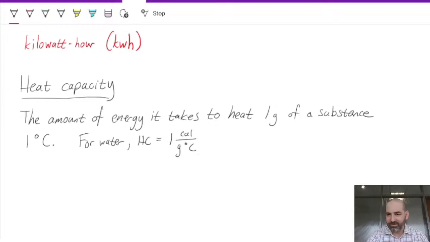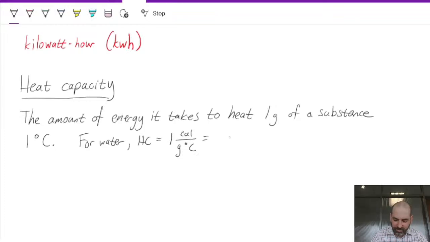For example, this is where we have to do some conversions, because most heat capacities are often given in joules instead of calories. So just to compare, we said about 4.18.